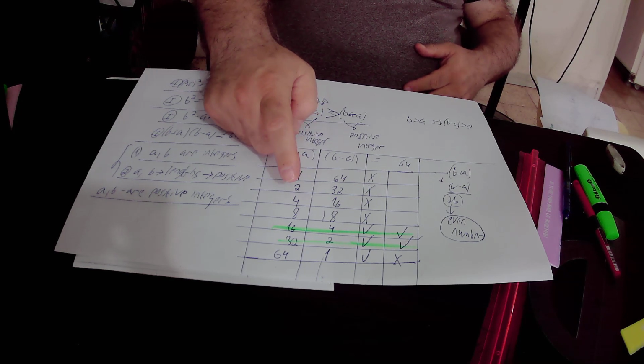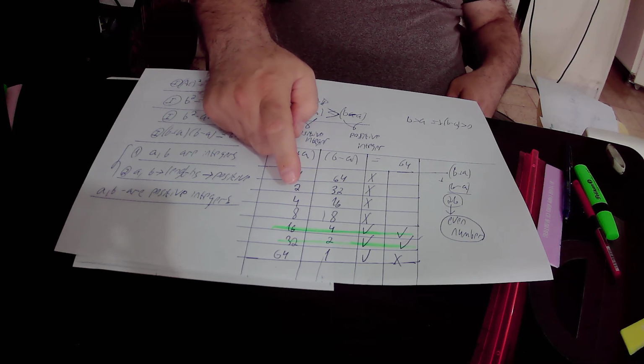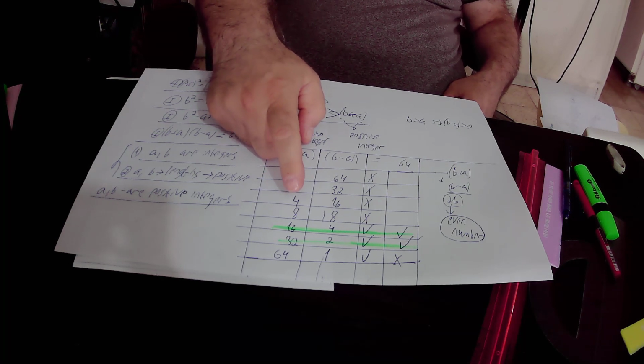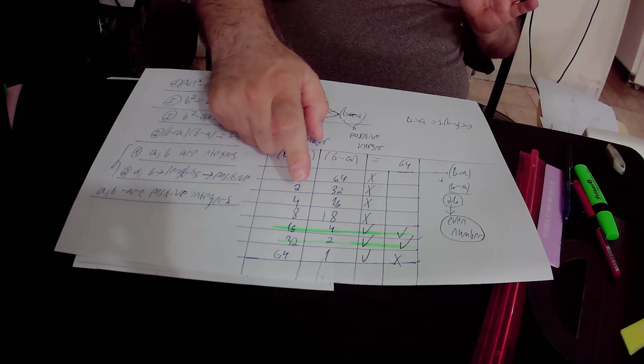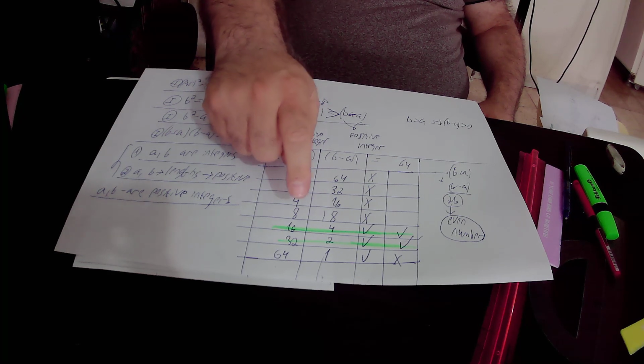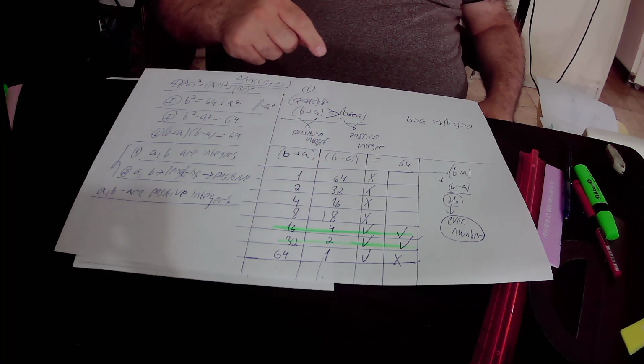So we are left with 16 greater than 4, a good solution. 32 is greater than 2, a good solution. And 64 is greater than 1, also a good solution. So we have three possibilities for the answer.